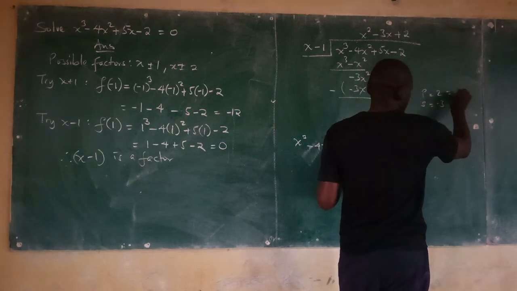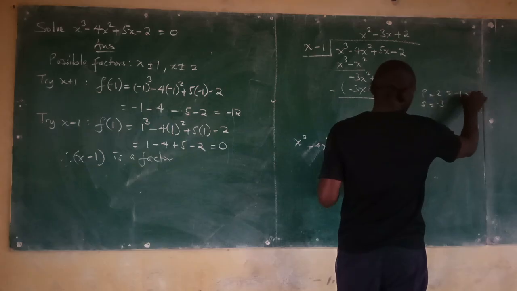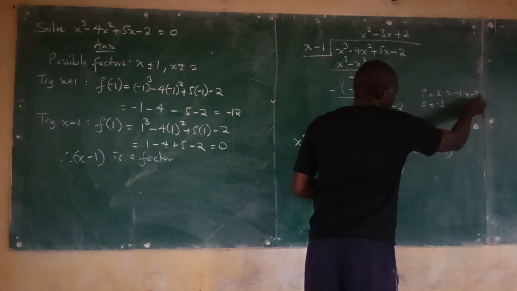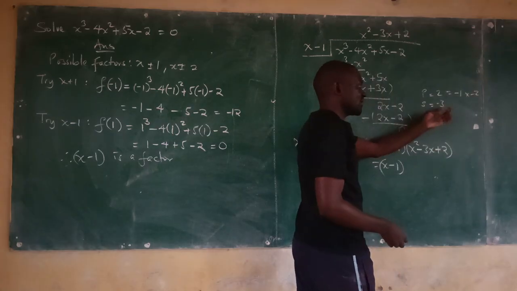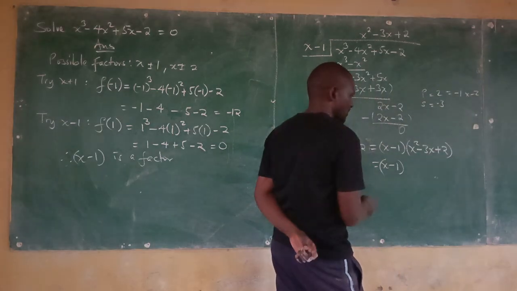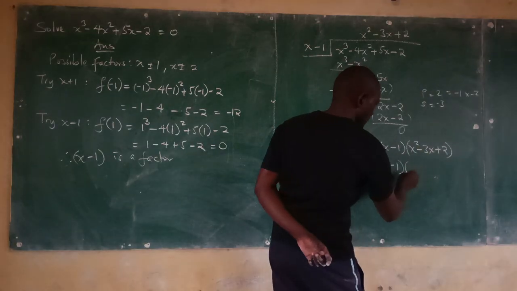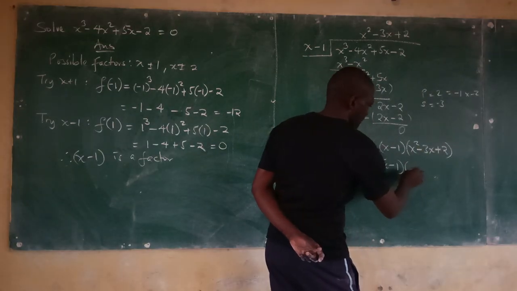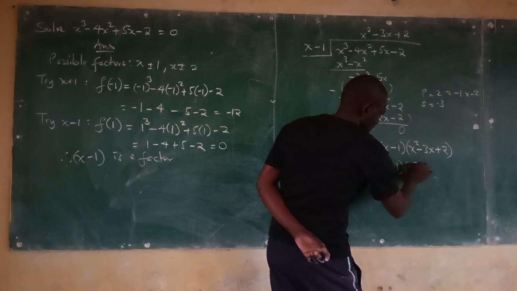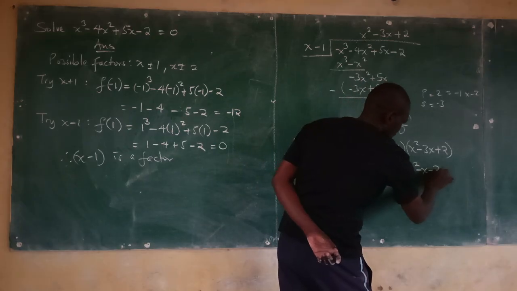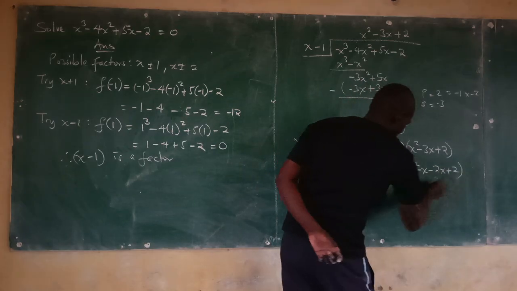This is minus 1 times minus 2, which gives us positive 2, and if we add, it gives the sum negative 3. So from there, we split x squared minus 3x plus 2 into x squared minus x, and then minus 2x plus 2.